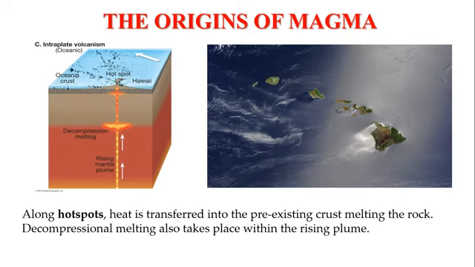So you can increase the temperature. Well, of course, as you ascend from the mantle up towards the crust, you're going to decrease the pressure, and then you have decompressional melting. Okay? And then, of course, this is what you're looking at. It's mostly decompressional melting that's taking place along hotspots.